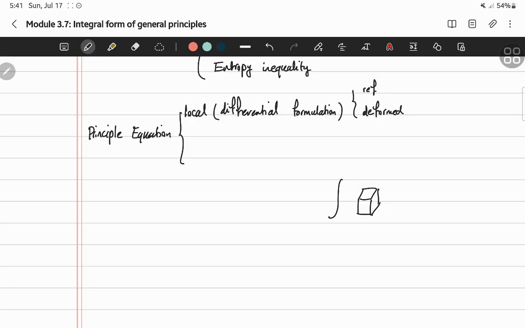Therefore, we will have a kind of global principal equation, or we call this the integral formulation of the principal equations, and this can also be characterized in its reference as well as the form configuration.